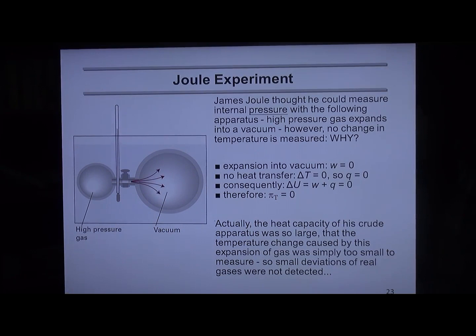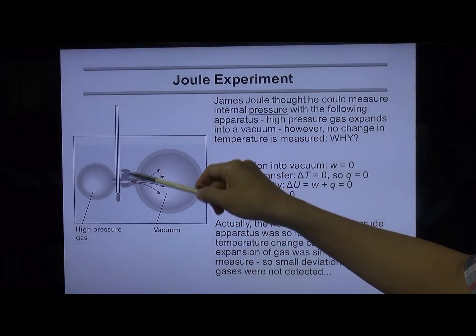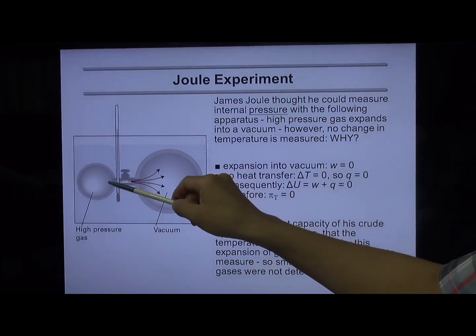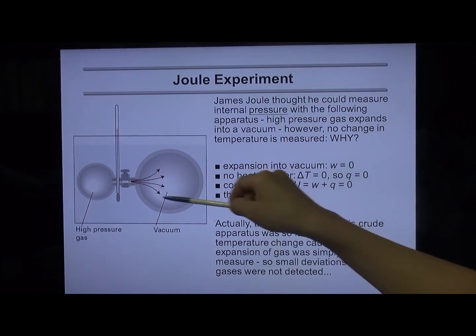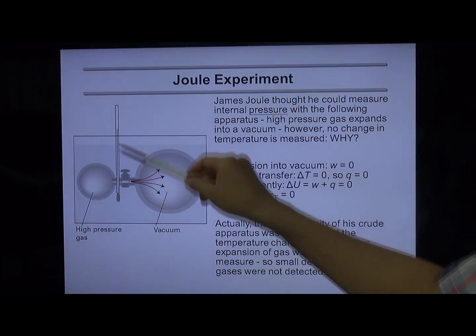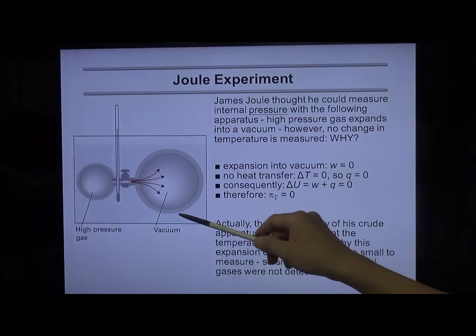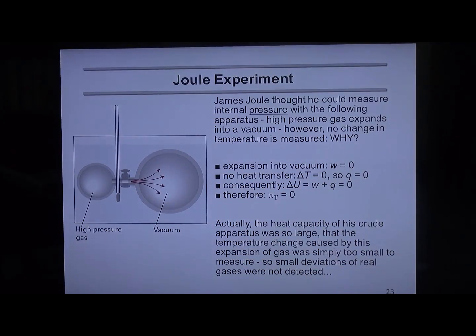What he did was to open this valve, and then the gas would expand into the vacuum, right? Free expansion. And Joule tried to measure the temperature change. This is the thermometer. He measured the temperature change of the water associated with this expansion. By measuring that temperature change, he thought that he could determine the internal pressure.